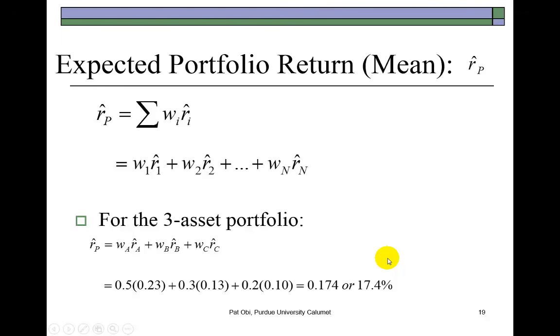So that's exactly what we have here. You weight each of the returns by the proportional amounts. And final answer, 17.4% is on average how much we can expect to earn on this portfolio. It's as simple as that, really.